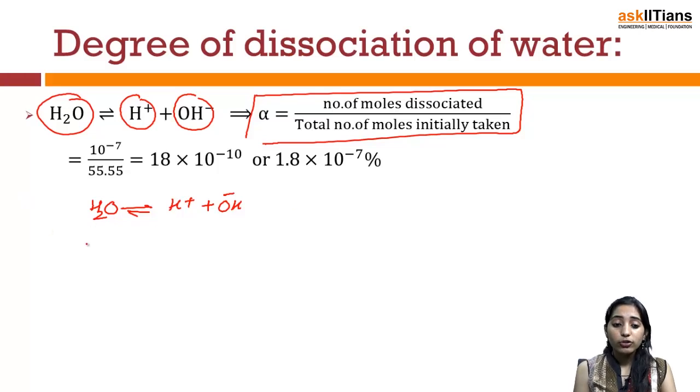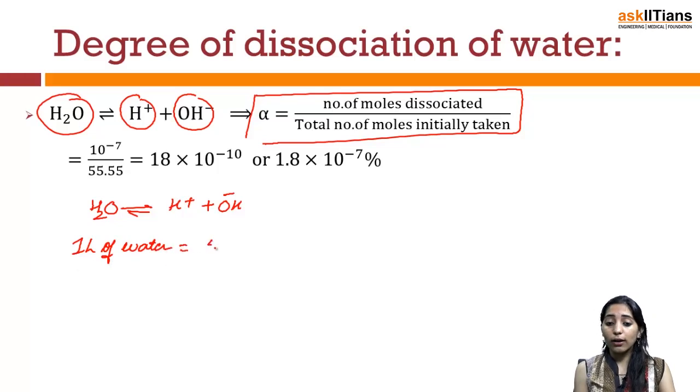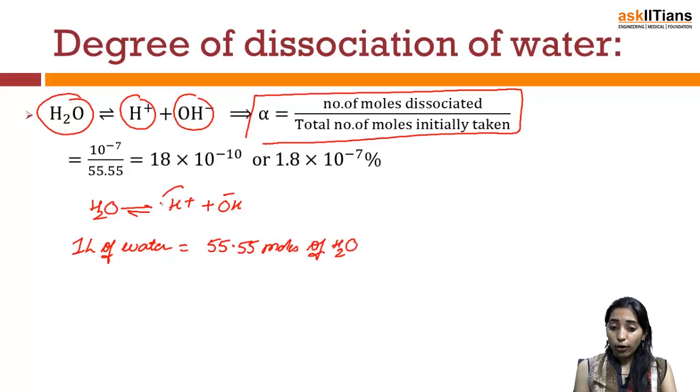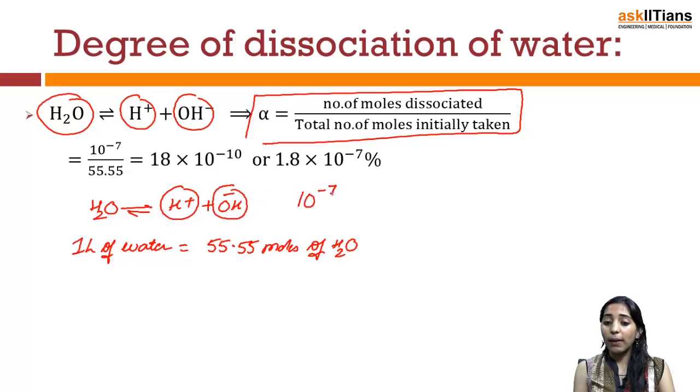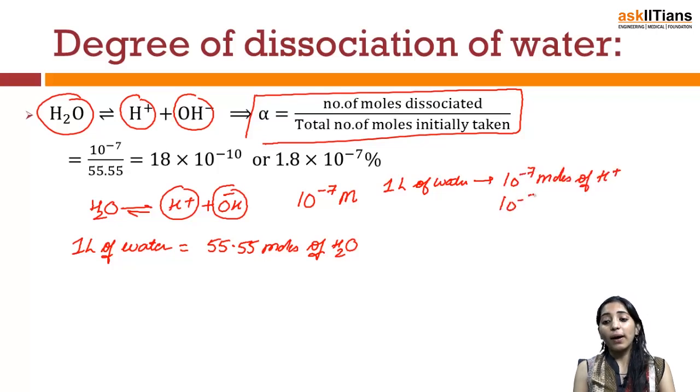If I am talking about 1 liter of water, it contains a total of 55.55 moles of neutral water. And we said that the concentration of H positive and the concentration of OH minus in water is 10 to the power minus 7 molar. That means 1 liter of water contains nearly 10 to the power minus 7 moles of H positive, and nearly 10 to the power minus 7 moles of OH minus.